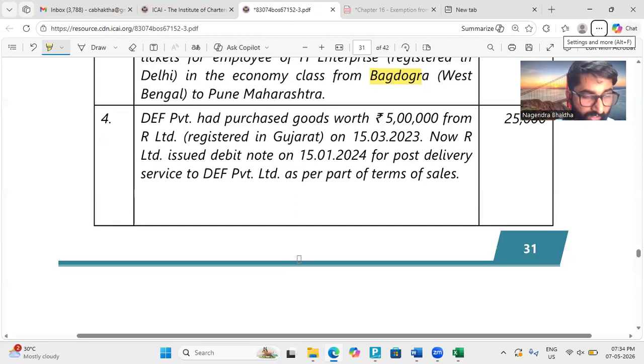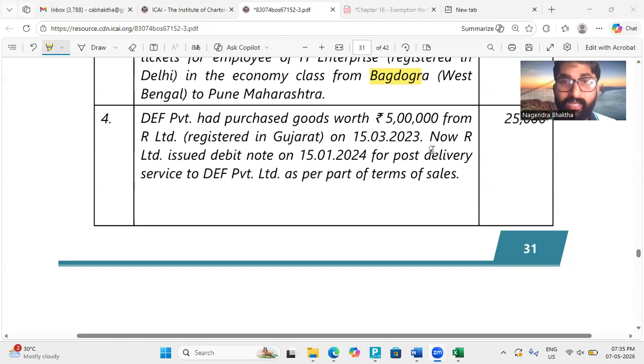Now here in this case, debit note, maybe we cannot take ITC. ITC is not allowed on this 25,000. Yes or no? You agree with this? Do you agree? No.